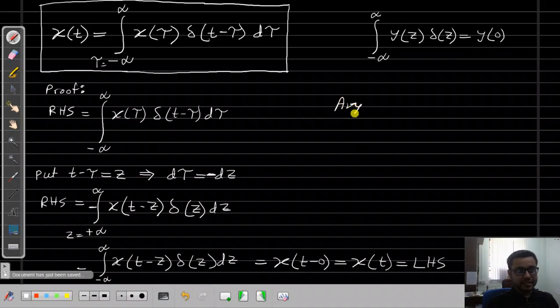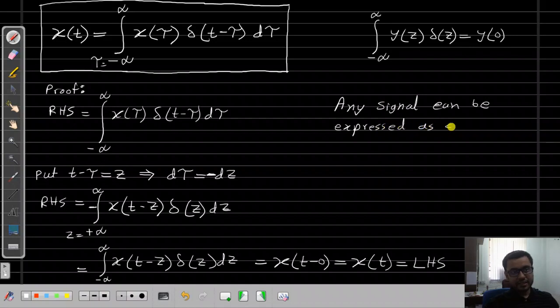Any signal can be expressed as a sum of impulse signals, like this, a sum of time shifted impulse signals you can call.